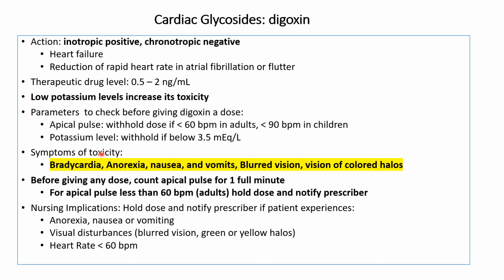It is the presence of anorexia and nausea or vomit, and the presence of visual alteration like blurred vision or seeing halos of color around the objects and the person. So before giving any dose, assess for these manifestations, and if they are present, don't give the dose and call the doctor, who will order a blood level of the medication and a level of potassium.